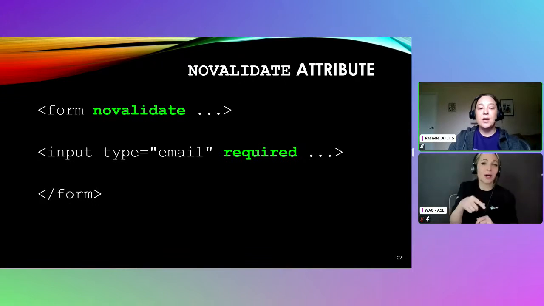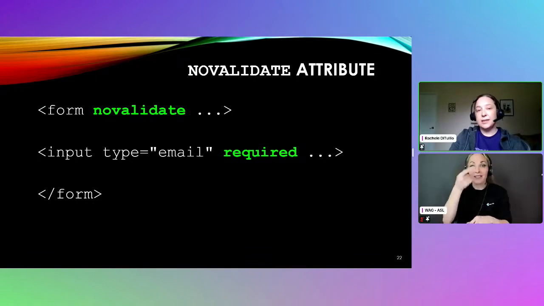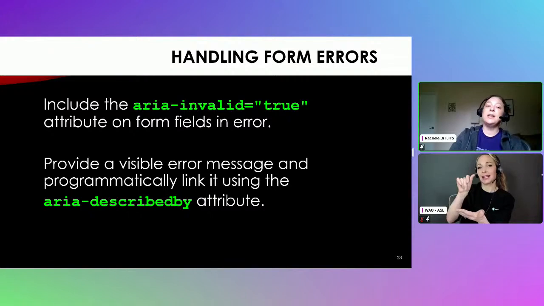So if for some reason you have to use the required attribute and can't use aria-required equals true, you can still disable that default validation by adding the novalidate attribute to your form element. All right, so let's talk about handling those form errors.